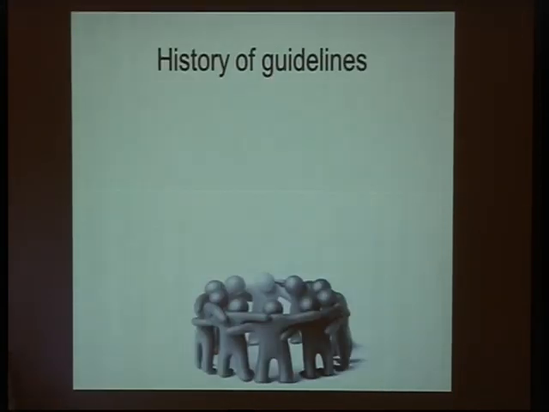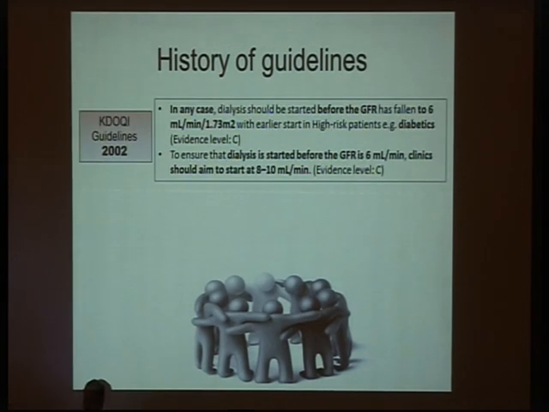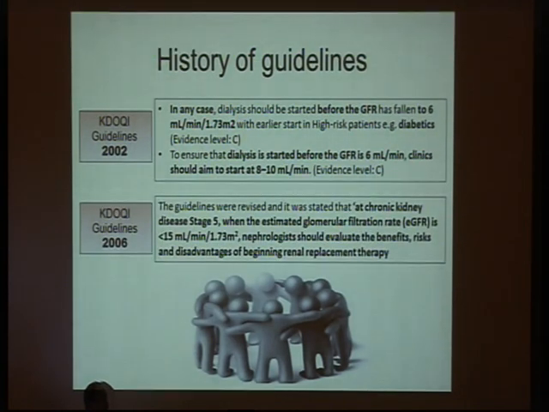If we follow the history of guidelines, the KDOQI guidelines in 2002 recommended starting dialysis when the GFR is below 6 milliliters per minute, so it is advised to start at 8 to 10 milliliters per minute. In its updated form in 2006, the guidelines were revised and dialysis was advised to be considered at GFR 15.